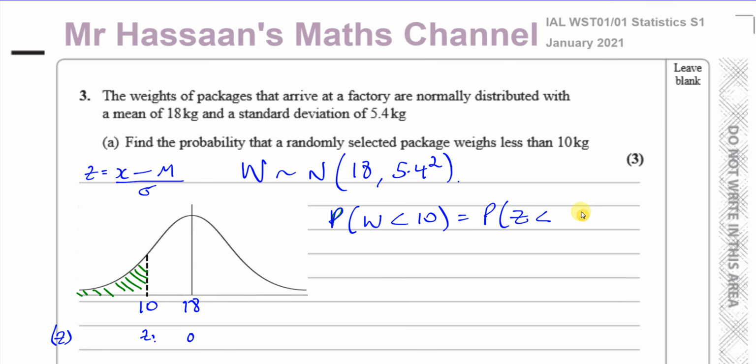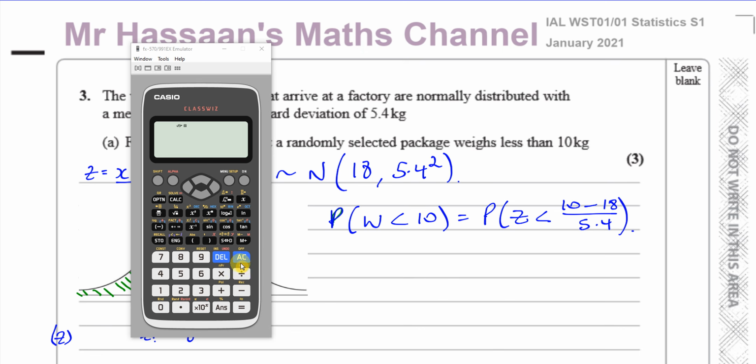So here we have x, which is 10, minus the mean, which is 18, over the standard deviation, which is 5.4. We don't use the variance here, we use the standard deviation. That tells you how many standard deviations away it is from the mean. So 10 minus 18 is minus 8, divided by 5.4.